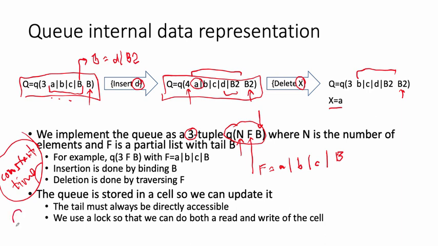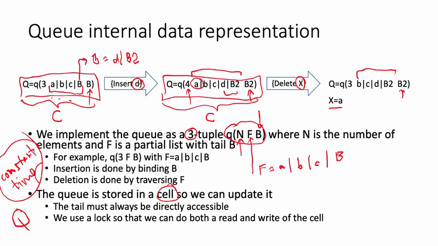The queue here is stored in a cell, and the cell is updated each time we do an insert and a delete. So that's why we need the lock. We will be doing read and write operations, and so you have to make sure that the scheduler will not stop in between.